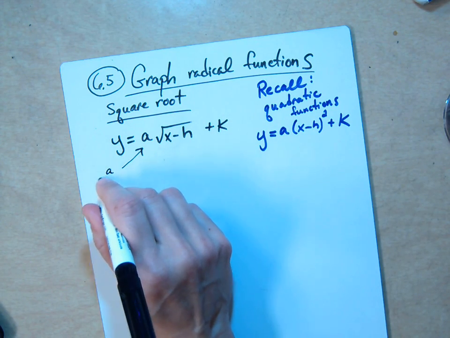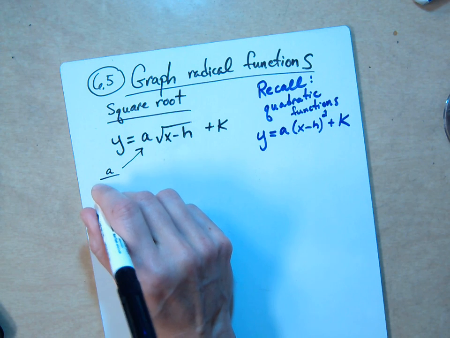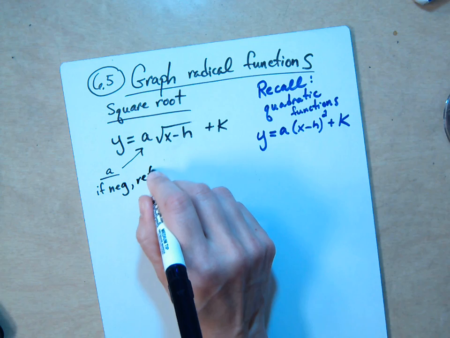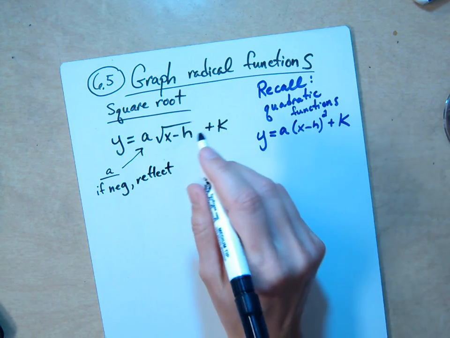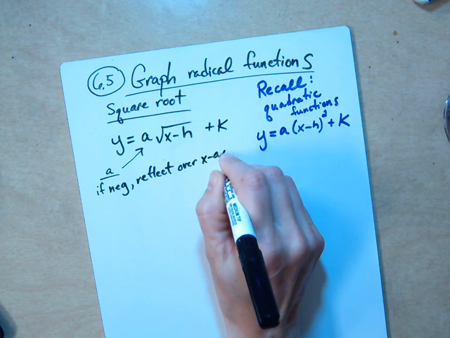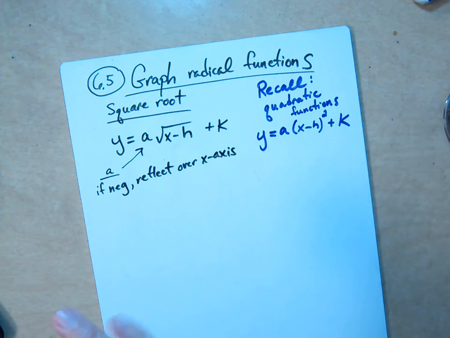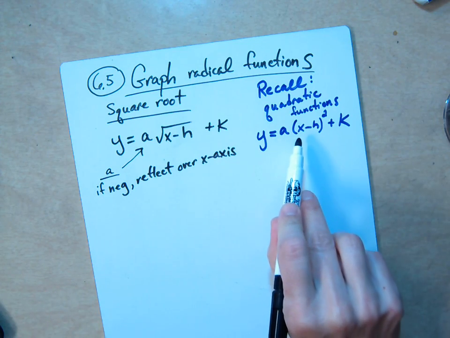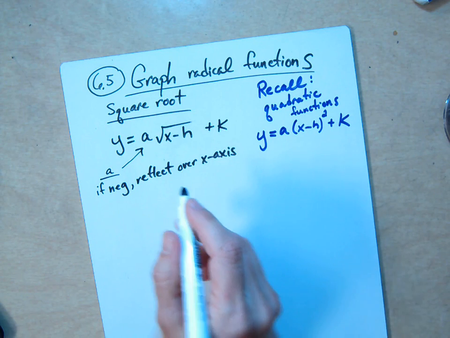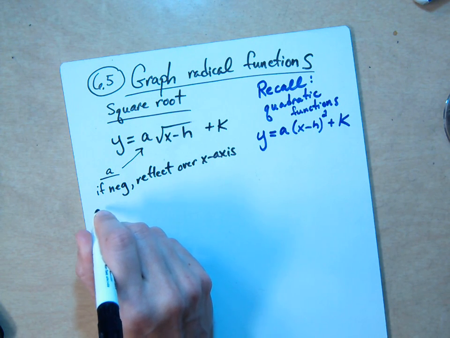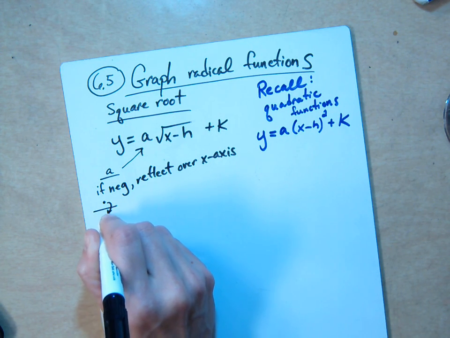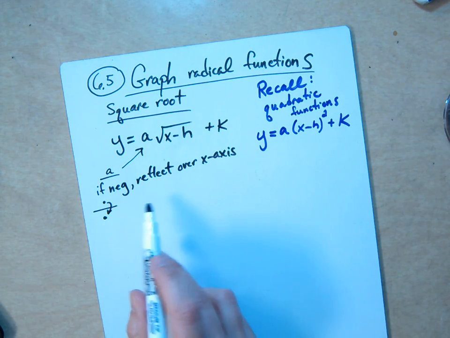If a is negative, it will reflect the graph of the square root over the x-axis. If a is negative, it's like opening down. With the parabola, when a was negative, it opened down because it reflects over the x-axis. So any point that was previously here will move down there. It reflects over the x-axis.